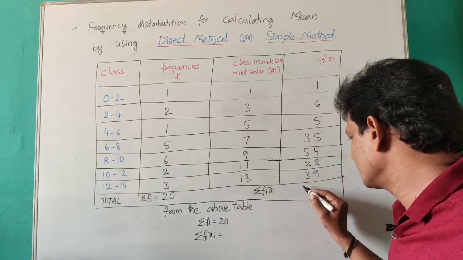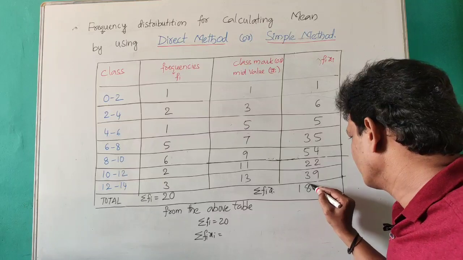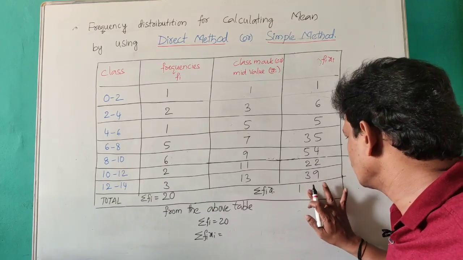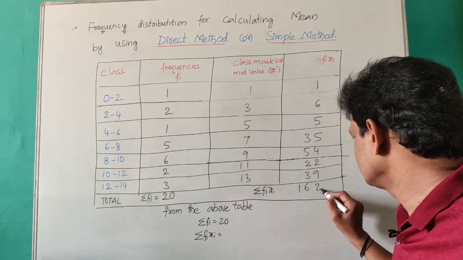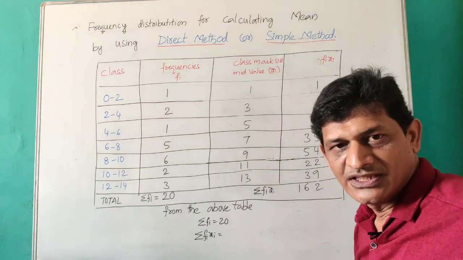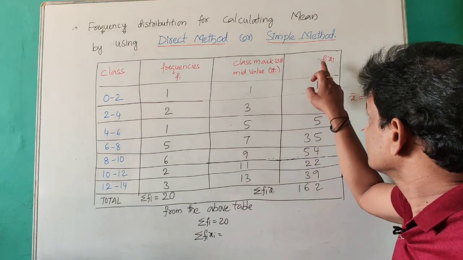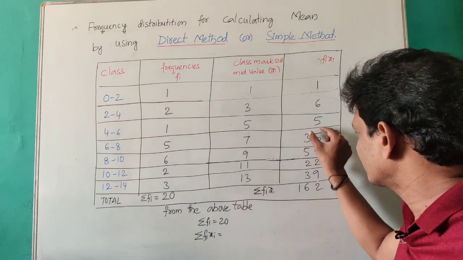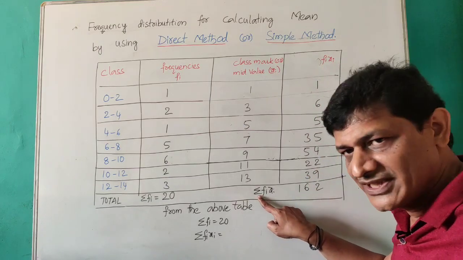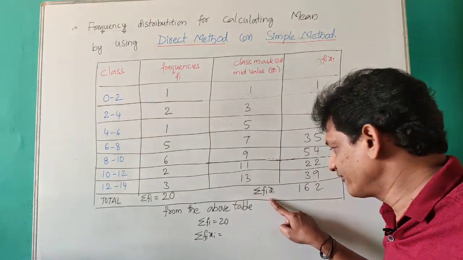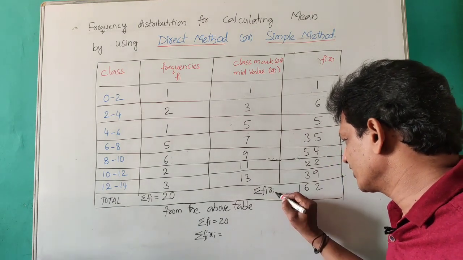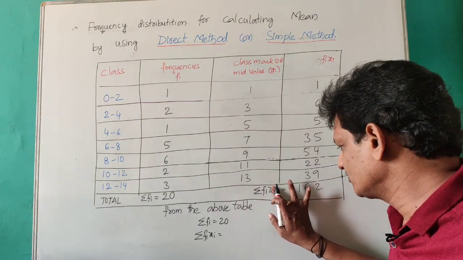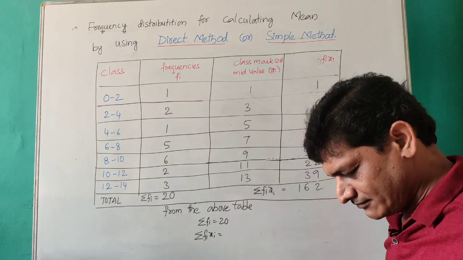Now add all these values, you get 162. All fi xi's are added, and their sum is represented with sigma fi xi. So at last you have to write sigma fi xi equals 162.